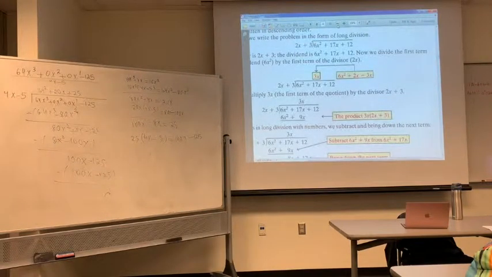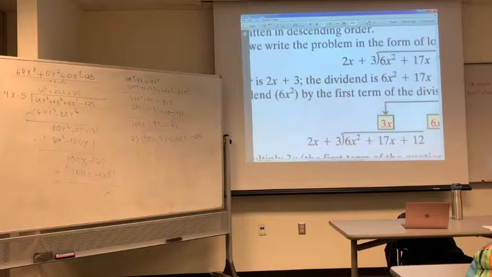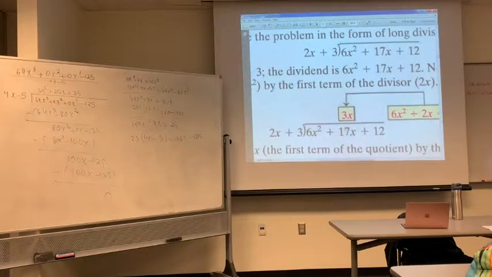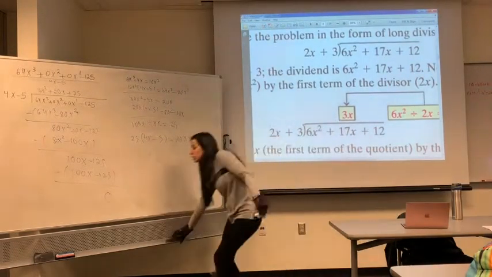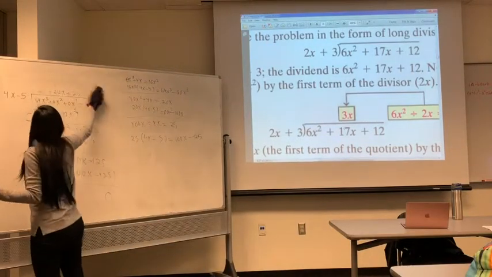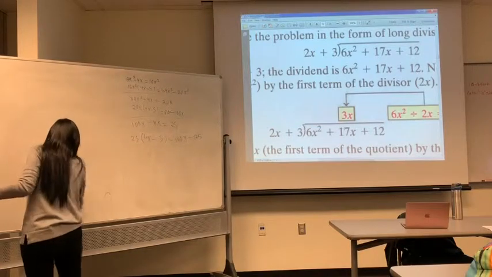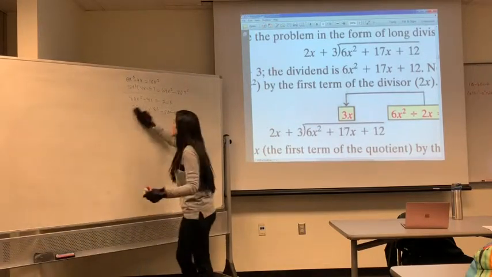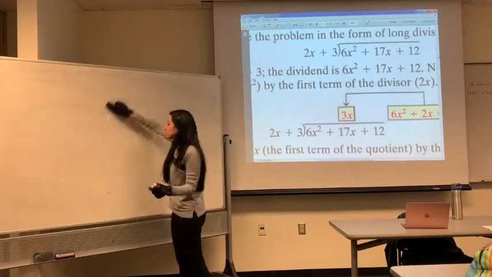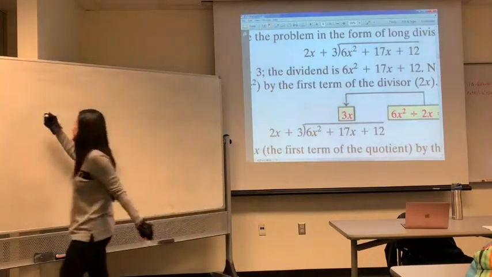Okay, I'm going to use the same first example we used, okay? Look at this. We want to use another method, synthetic division, and it's so easy, just like 1, 2, 3, you find the answer.